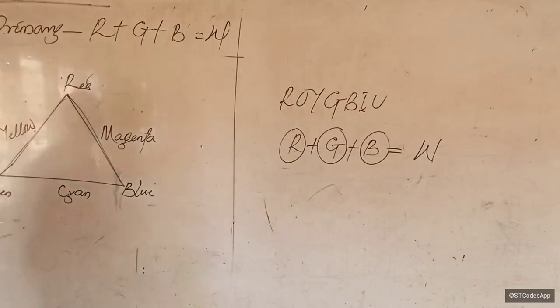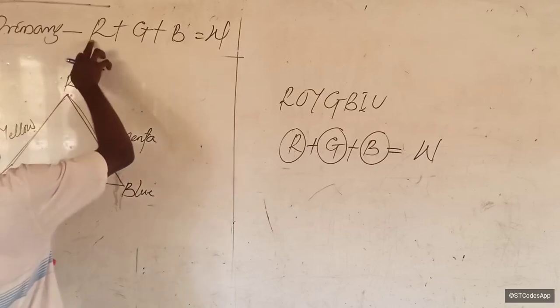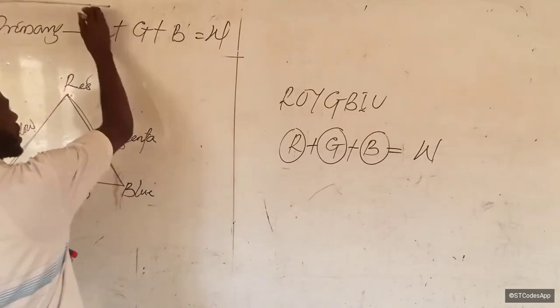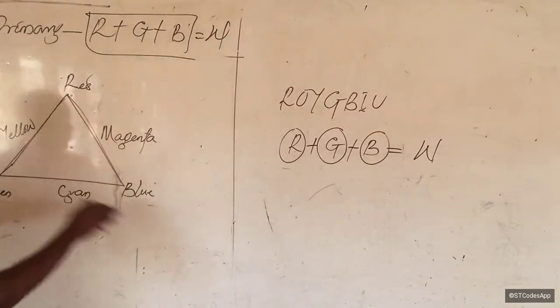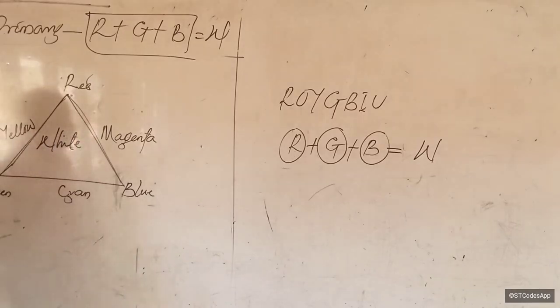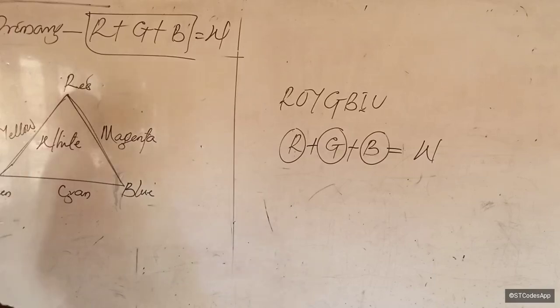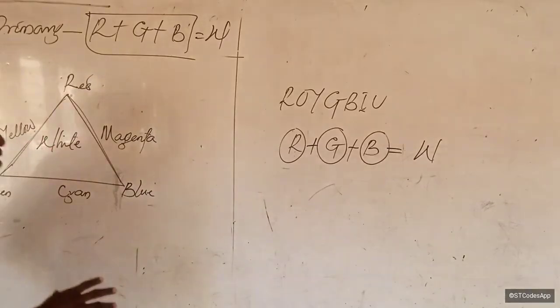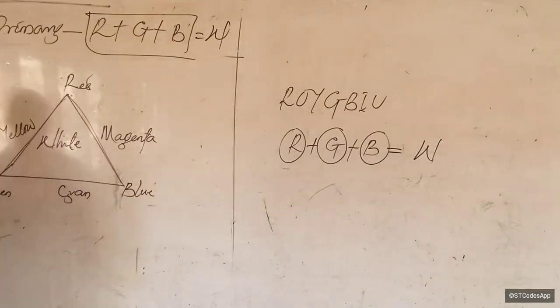What this is saying is that when we add RGB, which are our primary colors, together, these three at the edges of this triangle, you get white light. White is not a color, we said, it is just a combination of all the colors, because it is not a wavelength of the light. So white is gotten from R, G, and B.